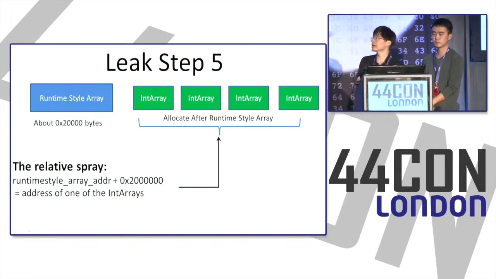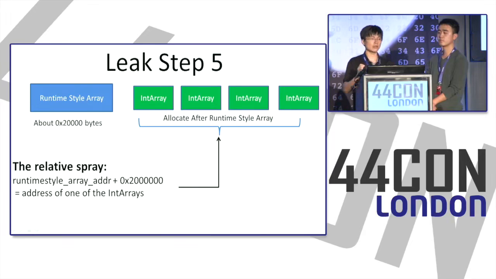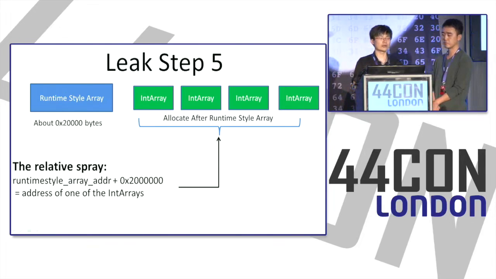We will allocate many JavaScript arrays. Each JavaScript array is 0x1000 in size. And these JavaScript arrays will be allocated right after the runtime attribute array we allocated before. So by adding a fixed offset to the address of the runtime attribute array, we can guess the address of one of the JavaScript arrays.